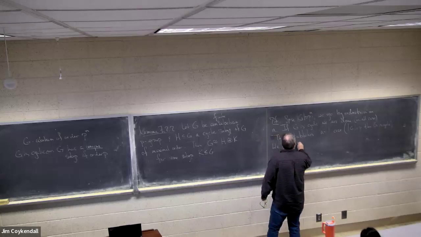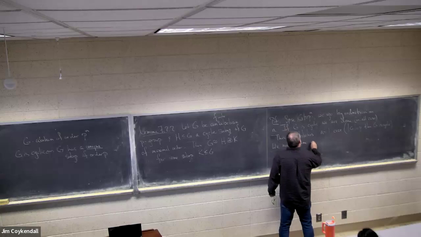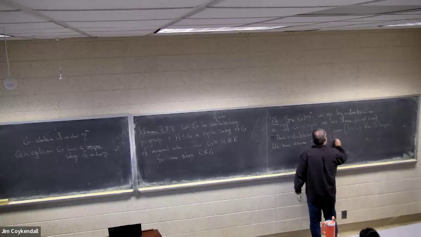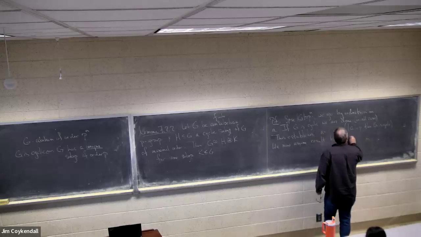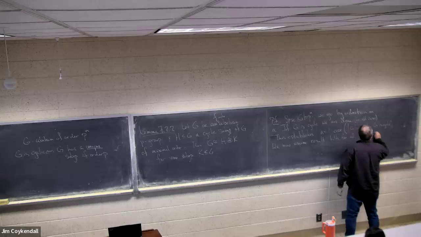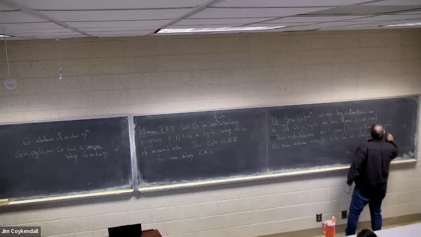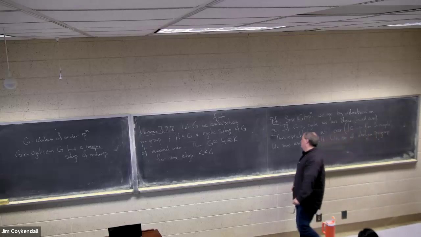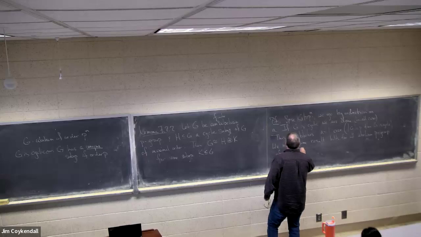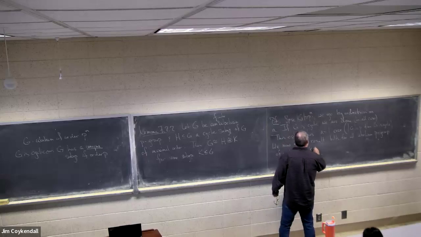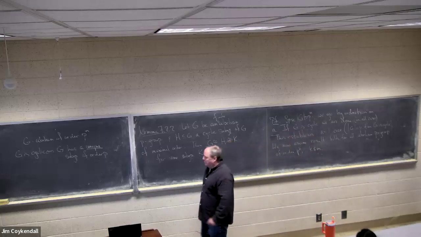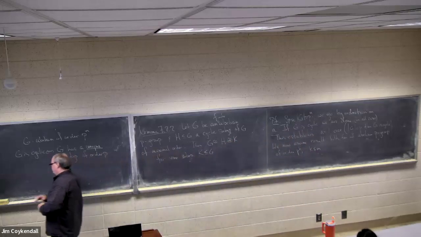Now suppose the result holds for all abelian p-groups of order p to the k, for k less than n. And now we're going to look at the plus one case.